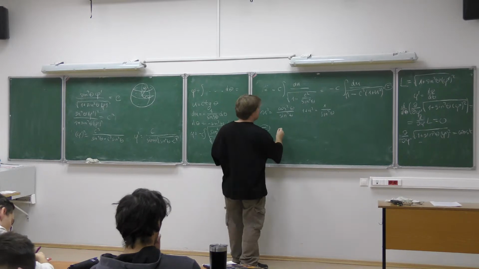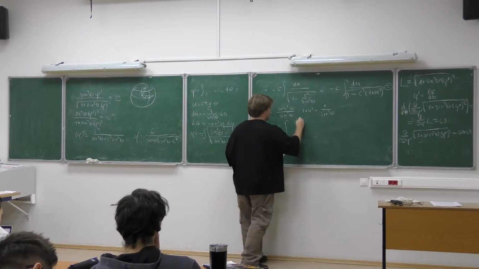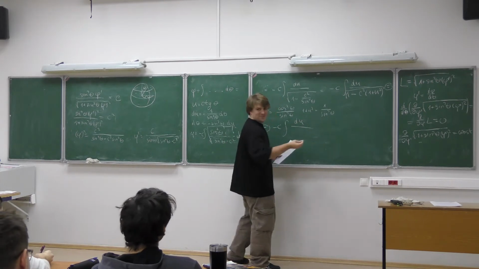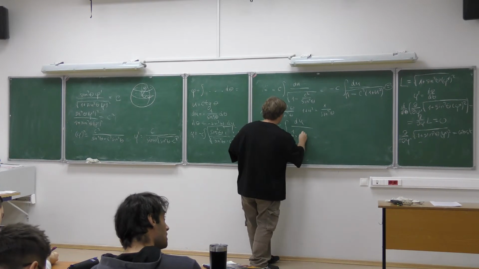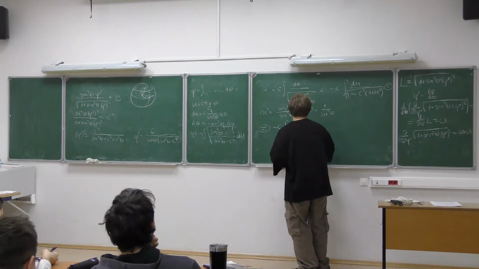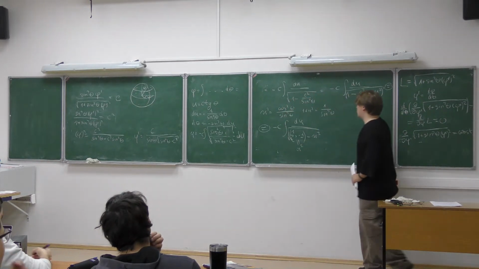So we have an integral from the table. It's an integral of arc cosine, the inverse of cosine. You write this square, denote it as a square.